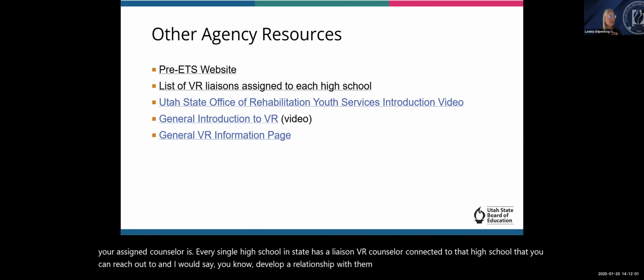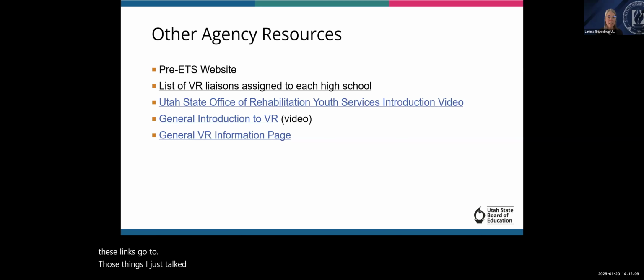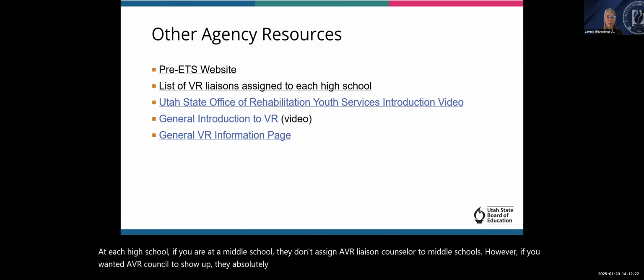So here are other outside agency resources. These links go to those things I just talked about, that VR liaison list at each high school. If you are at a middle school, they don't assign a VR liaison counselor to middle schools. However, if you wanted a VR counselor to show up, they absolutely could with plenty of notice. You would have to call the local office nearest to your school.